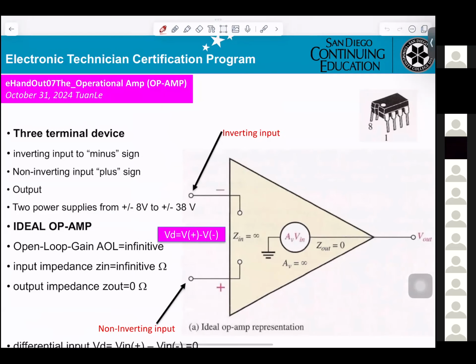Okay, this is the operational amplifier. You get 3 terminals: input positive, input negative, and output here. This is the IC, the op amp.